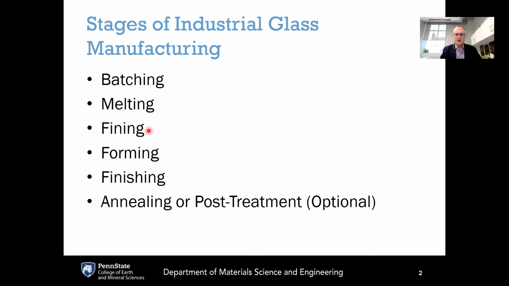The gaseous defects are taken care of in the finer, where we've got both physical fining and chemical fining. Physical fining enlarges the size of the blisters so they rise up faster, and then chemical fining reabsorbs remaining oxygen as the glass cools down.